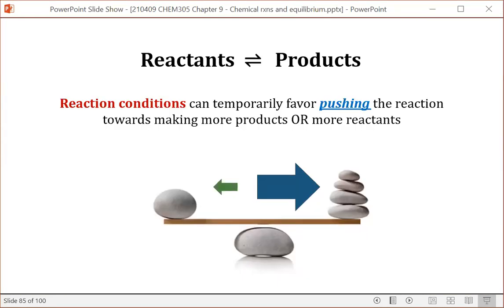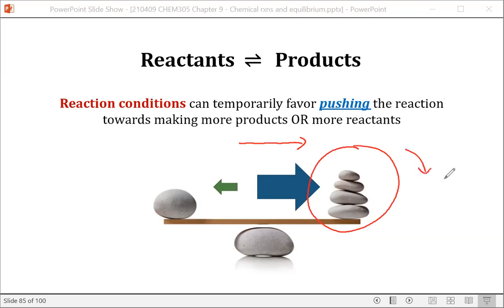So in an equilibrium reaction, by altering the reaction conditions, you could temporarily favor pushing the reaction towards making more products or making more reactants. For example, we might change the concentration of reactants so that we get more product produced. This would be called pushing the reaction to the right because we'd favor making more products and it would tip the balance this way.